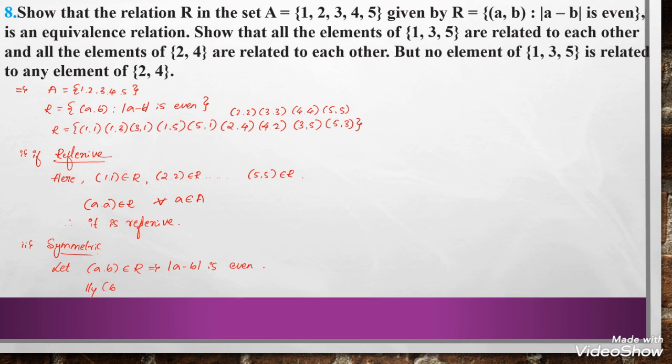Similarly, B minus A belongs to R. I can take minus as common in the bracket, so B minus A is also even. Yes, both conditions are satisfied. Therefore, R is symmetric.